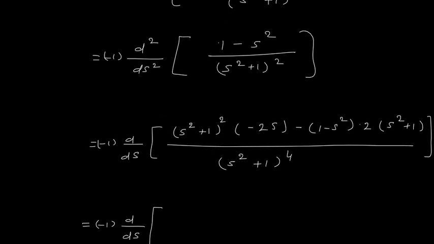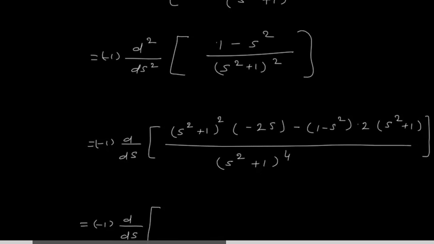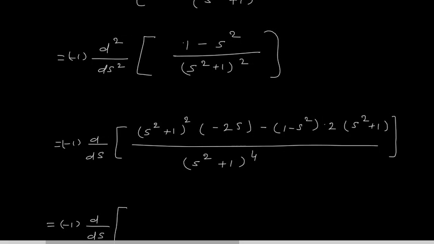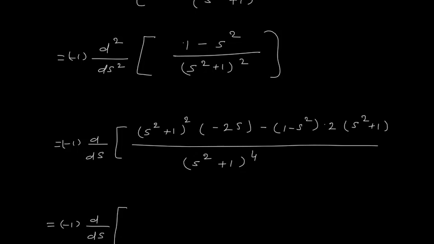Here also there is some problem. s square plus 1 the whole square into, here I got minus 2s, then 1 minus s square, here I differentiate the 2 into s square plus 1, then this s square plus 1 again I will differentiate now. So the derivative of s square plus 1 is what? It is 2s. So let us write into 2s first. So into, here it is 2s. Okay, then I will close this bracket.